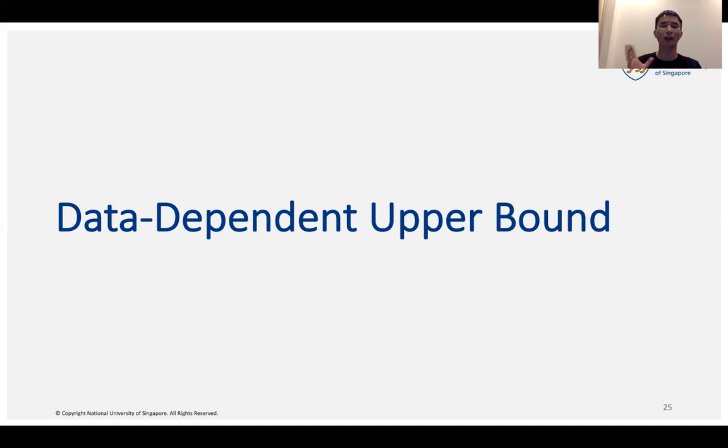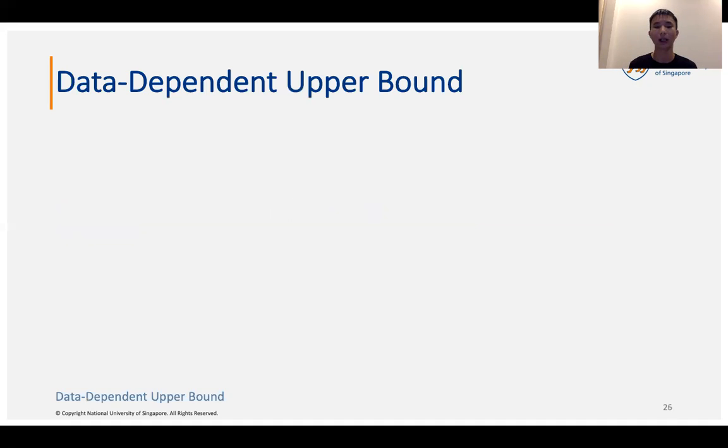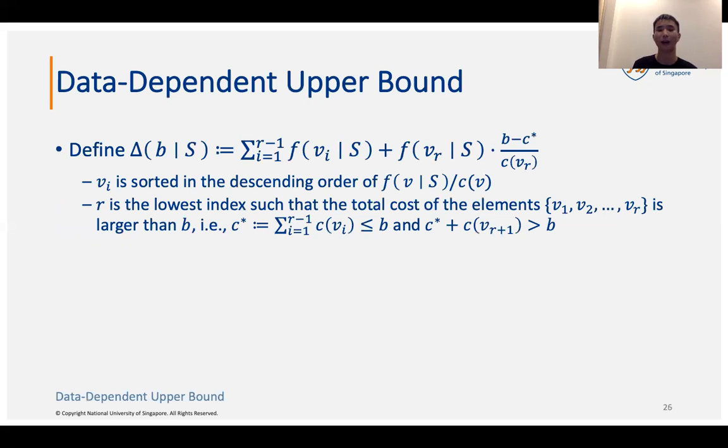To answer this question, we propose to derive a data-dependent upper bound. Because we do not know the optimal, we compare with the upper bound, and we can still get some insights and get some approximation ratio empirically.